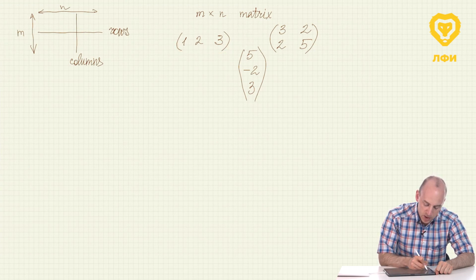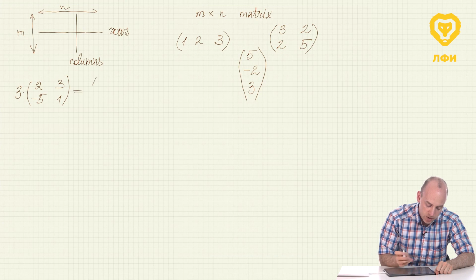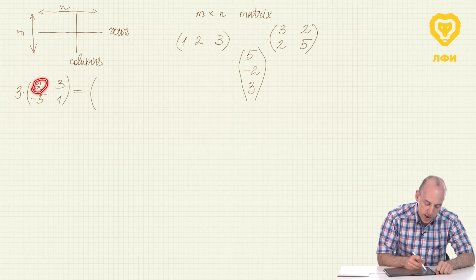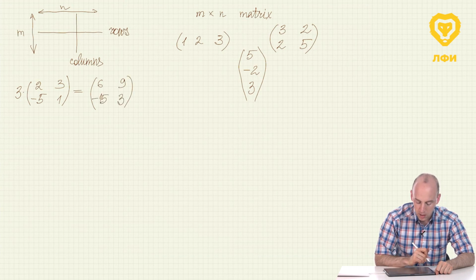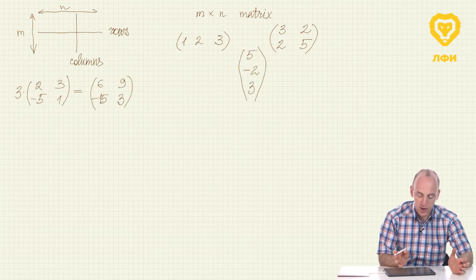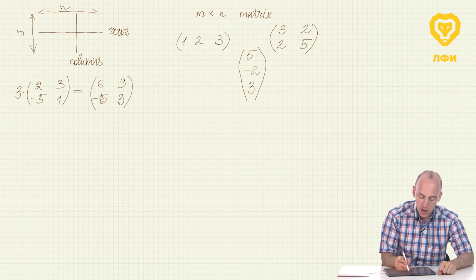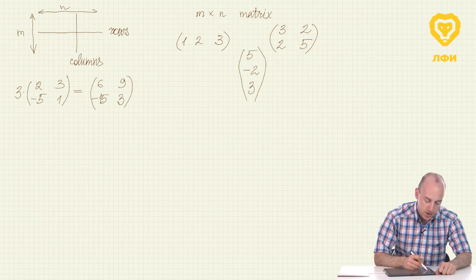So for example, if I consider a matrix like 2, 3, minus 5, 1, and I multiply it by number 3, I'll get a matrix in which each of the elements is derived by multiplying the corresponding element by 3. So we get 6, 9, minus 15, and 3. And there is nothing more about multiplication of a matrix by a number. Whatever the dimensions of a matrix, we need to multiply each of the entries in the matrix by the number.